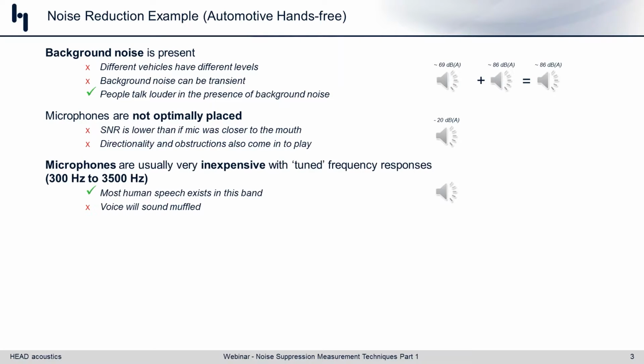Now, on top of that, we're not exactly using the high quality measurement grade microphones for our applications. It doesn't matter what type of product you make, any type of mass produced product, you're going to find relatively inexpensive microphones that will have an imperfect frequency response.